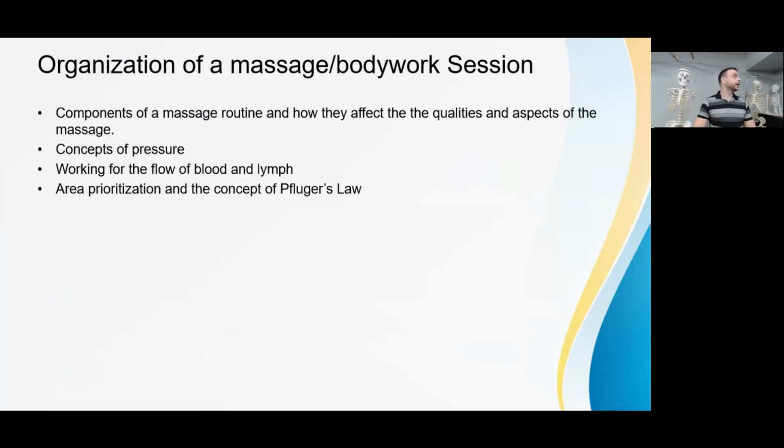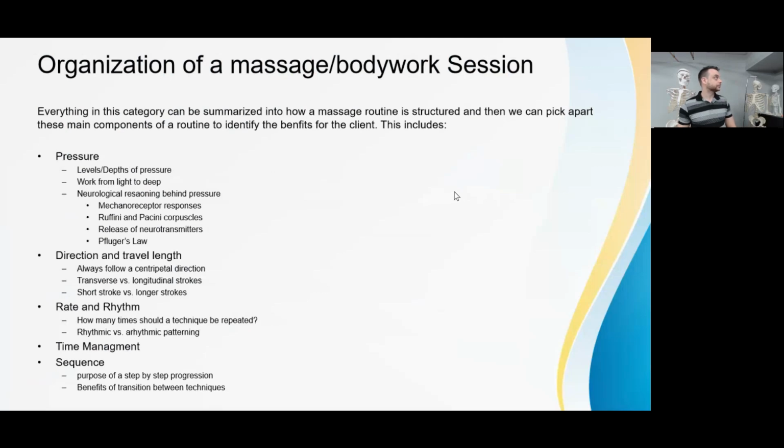And then considering area prioritization and using some of our neurological laws to help justify some of those means. All right, so everything in that category essentially lines up to how we structure a bodywork routine, a massage routine.